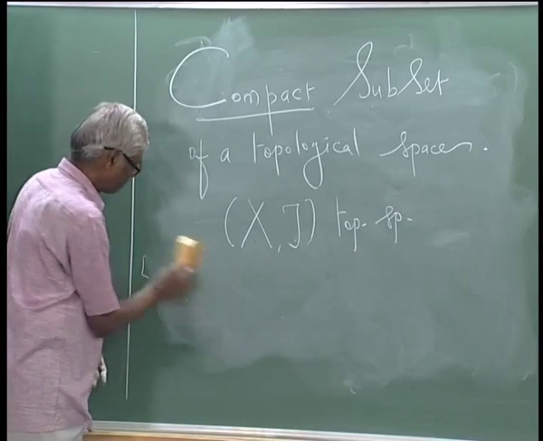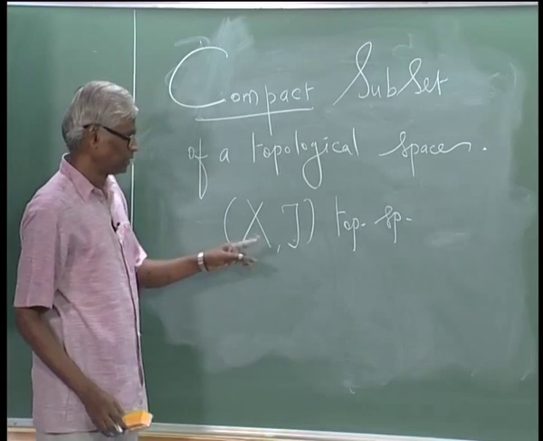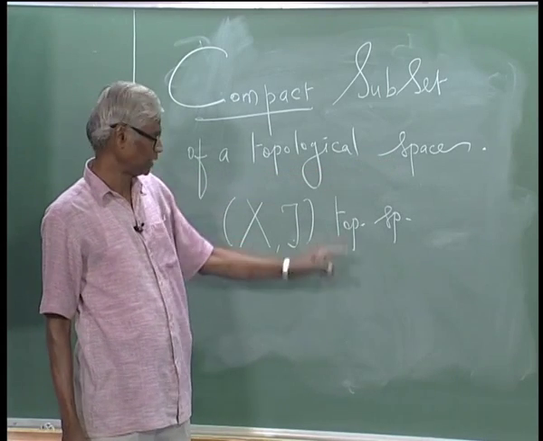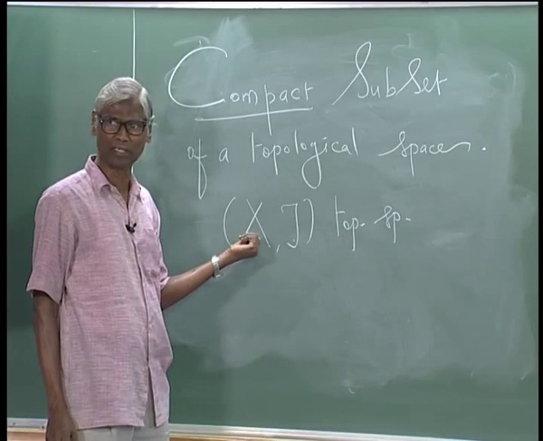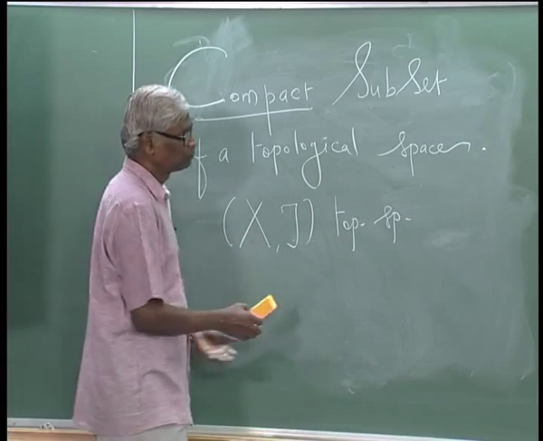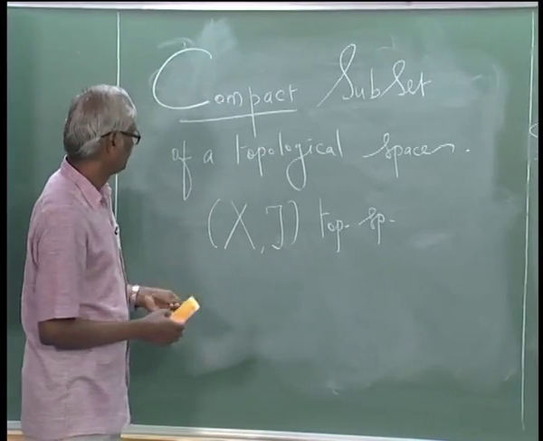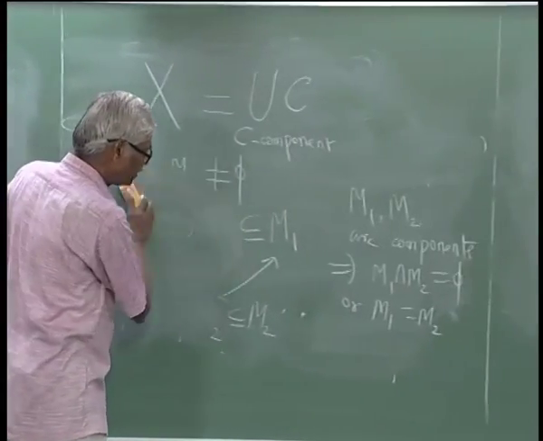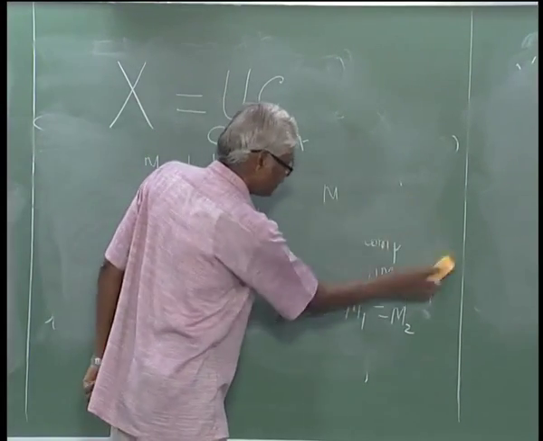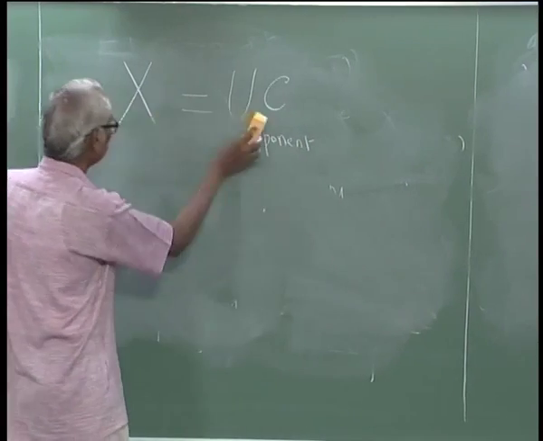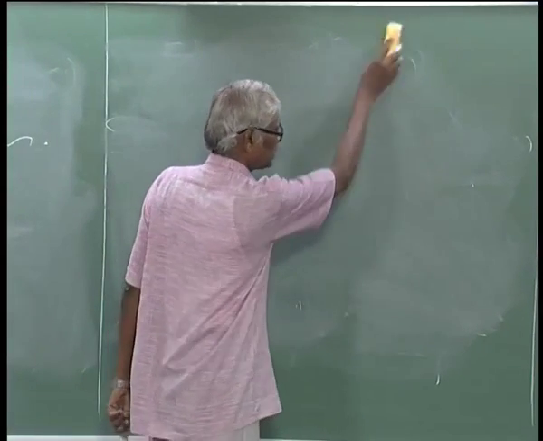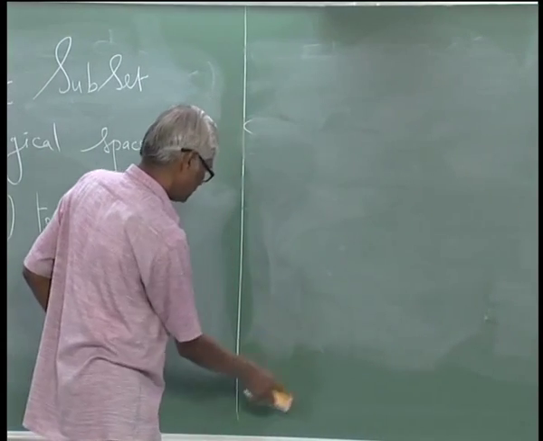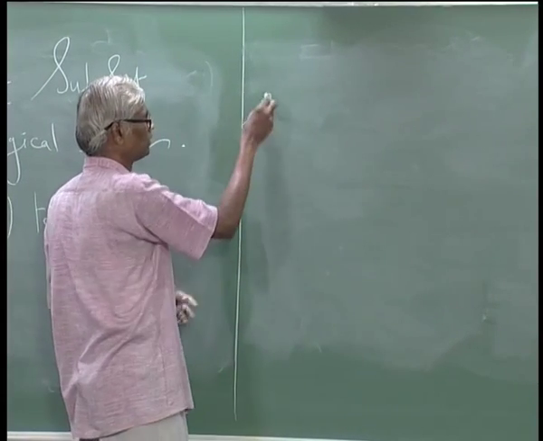So we will define the concept for a subset. In particular, X is also a subset. So let us define when we say a subset of a topological space is compact.